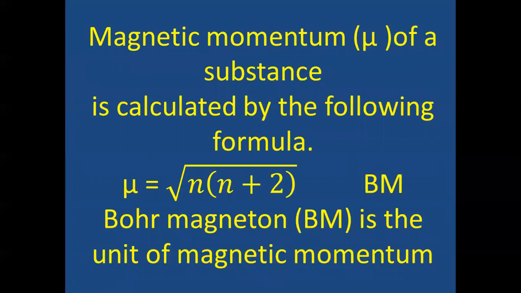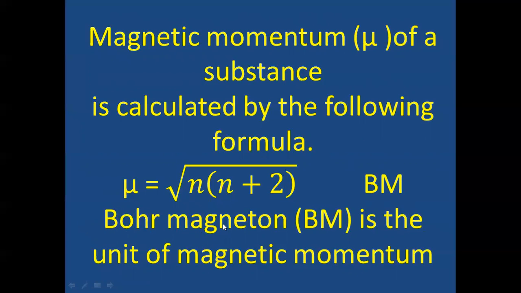Next is magnetic moment. How to calculate the magnetic moment? Magnetic moment is represented by mu. For any substance, we can calculate the magnetic moment with the help of this formula. Mu is equal to under root n into n plus 2. And the unit of mu, that is magnetic moment, is BM or Bohr magneton.